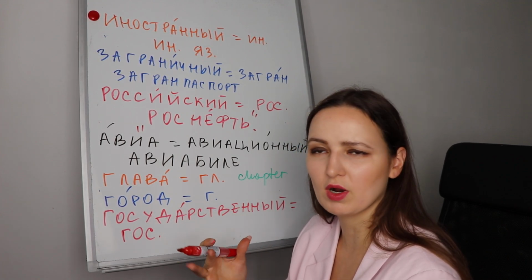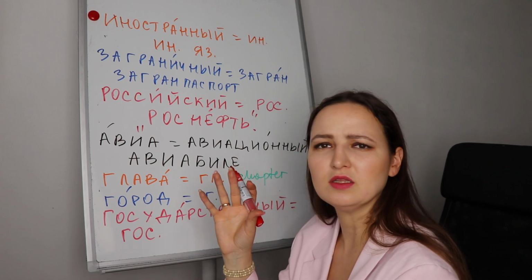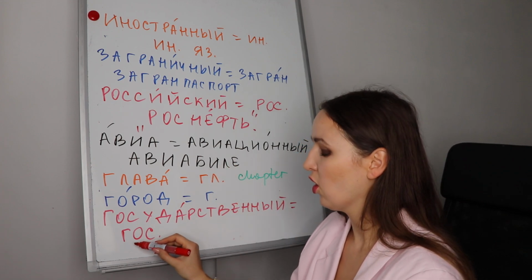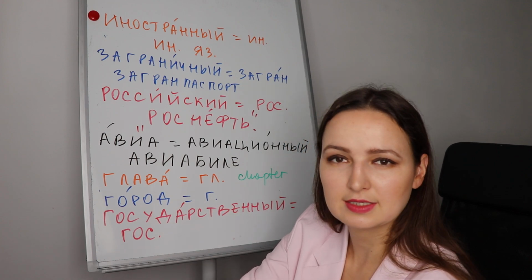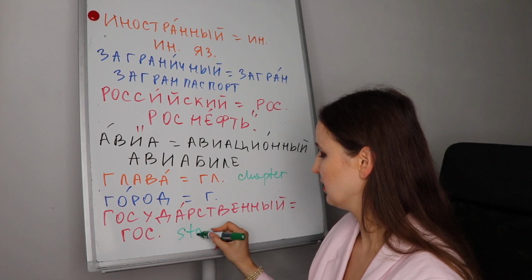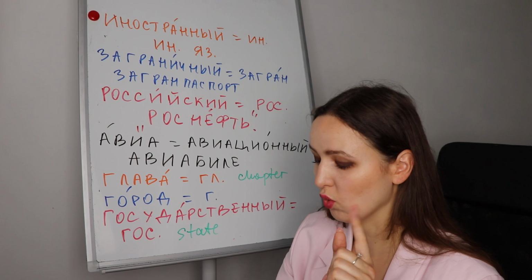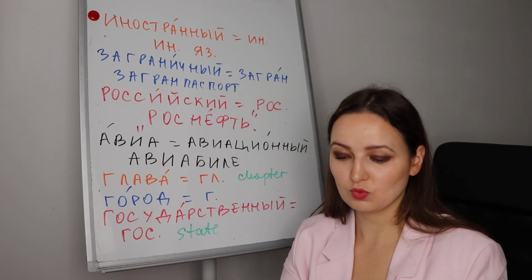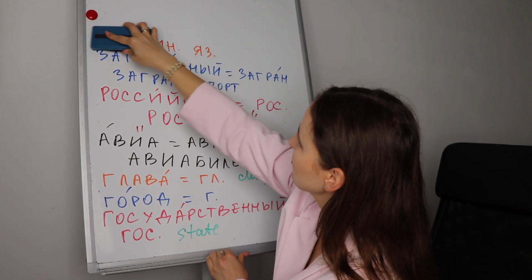You will see it everywhere on Russian products, in documents. ГОС is state. Государственный, state. ГОС. Пойдем дальше. Let's continue.